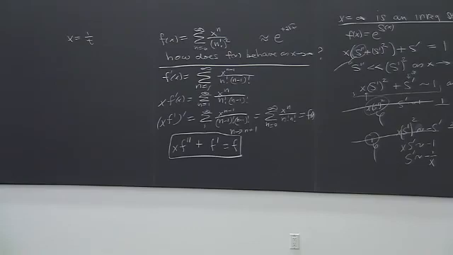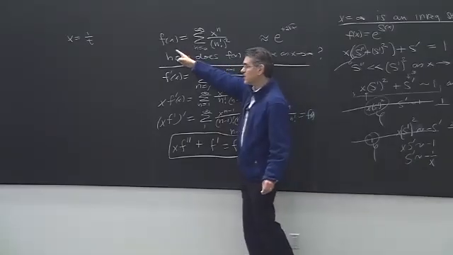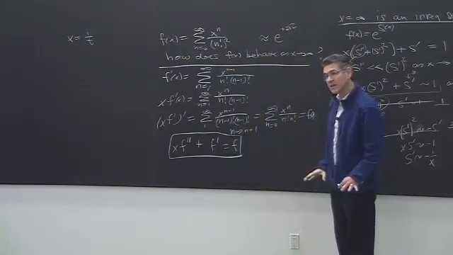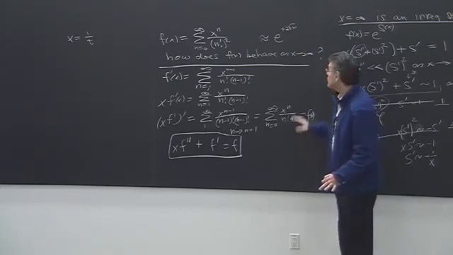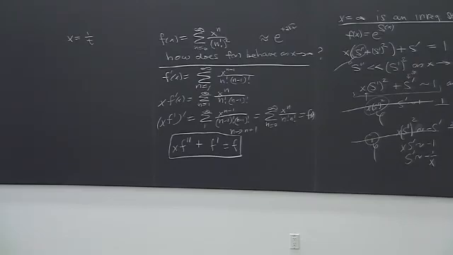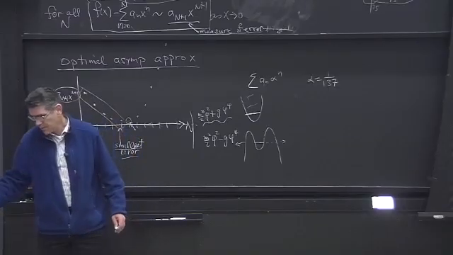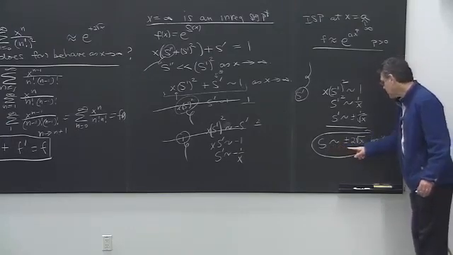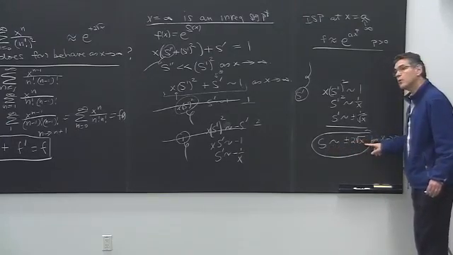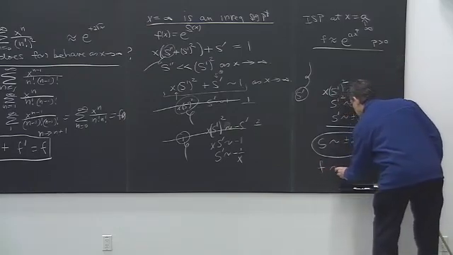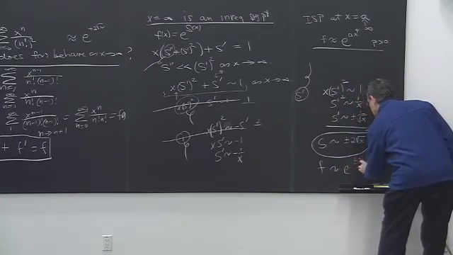Okay, so we're not done yet, right? What we know is that this function is going to behave like e to the 2 times the square root of x, something like that. But we're not done, because we do not have the right to exponentiate this asymptotic relation. Just because s is asymptotic to plus or minus 2 square root of x, we cannot conclude that f is asymptotic to e to the plus or minus 2 square root of x.